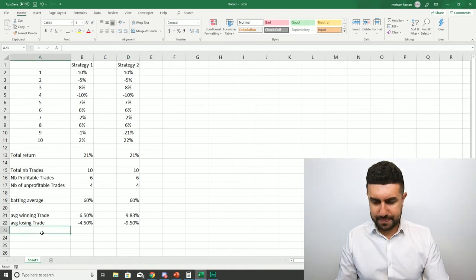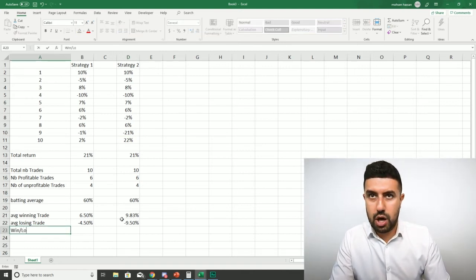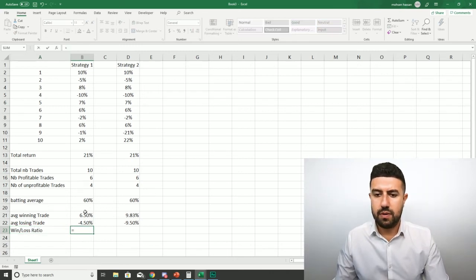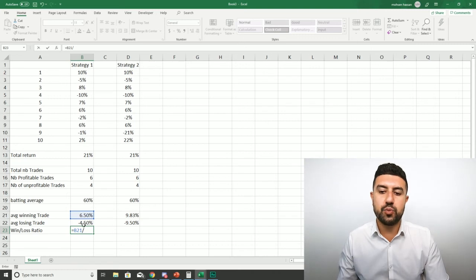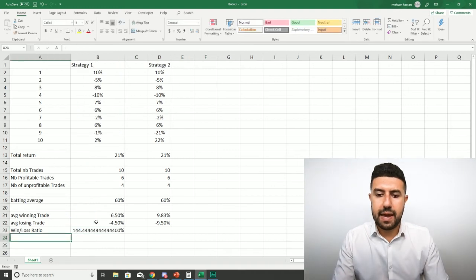So not that great. So if I go here and I calculate my win-loss ratio, basically what I have to do is the average of the winning trades divided by the average of the losing trades. The average of the losing trades is going to be negative, so I have to put it in positive. So I just do the absolute of that, which just puts it in positive. And that gives me, and this is not a percentage, it's a number.